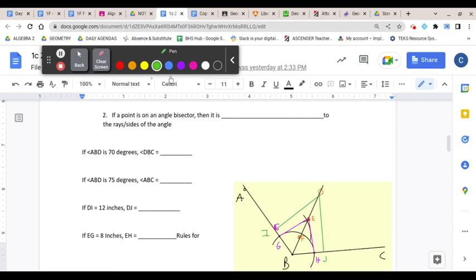So the other part of our notes here: if a point is on the angle bisector, then it is equidistant to the sides of the angle, okay? So here's the angle bisector right here, DB. This is the angle bisector.